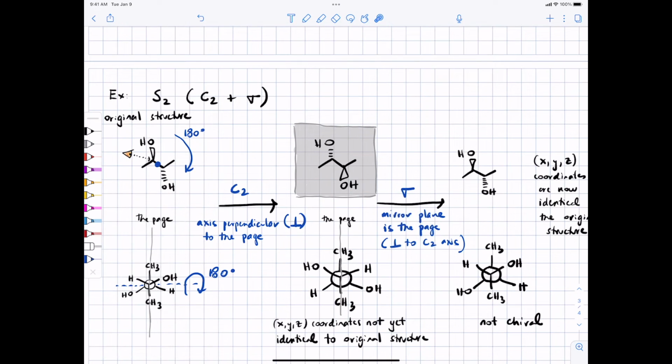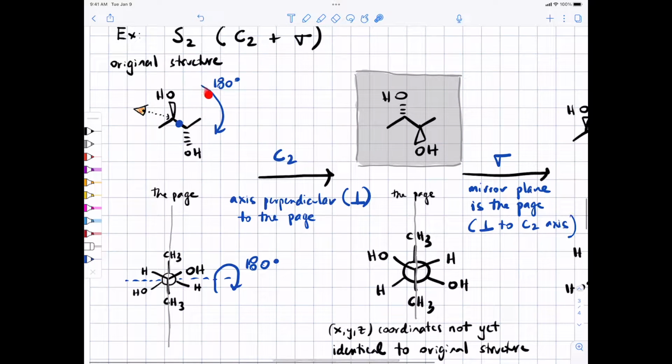So remember that the point of the improper rotation is you only check and see if it's identical after you do both the rotation and the mirror plane. So 180-degree rotation here swings this OH group around to this position and this OH group around to that position. So can you see where we get that from?